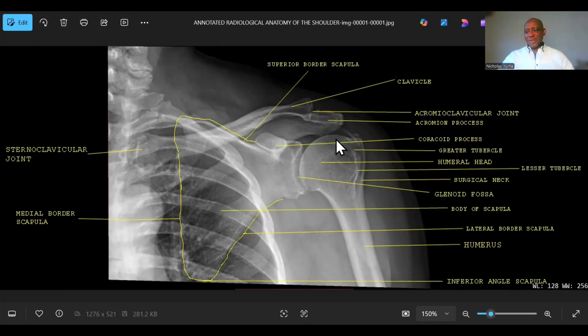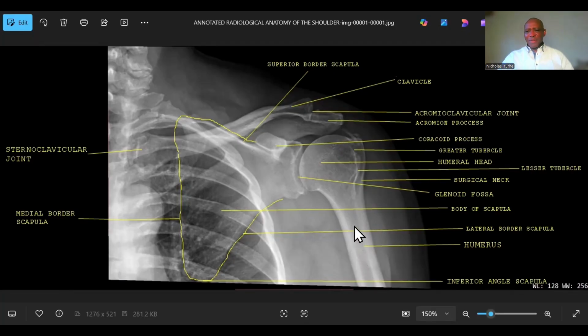Together with the teres minor, they all form the rotator cuff muscles. Furthermore, we have the shaft of the humerus, or the diaphysis, which goes further down from the proximal end of the humerus. That's what we're seeing now.